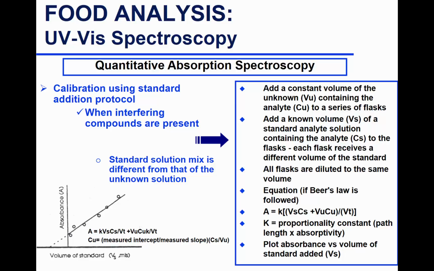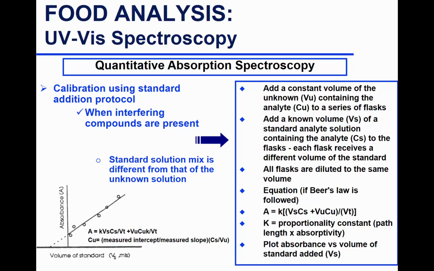So you have 1, 2, 3, 4, 5. Your sample would be a constant volume of your unknown sample. You dilute your sample and you add, let's say, 5 ml of sample in all of them, in 1, 2, 3, 4, 5 vials.